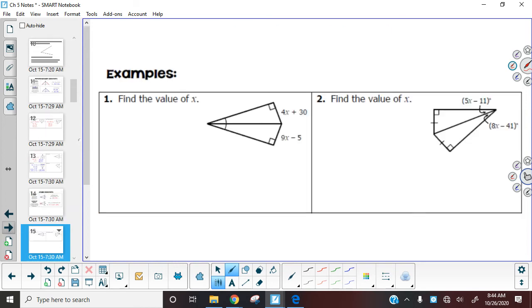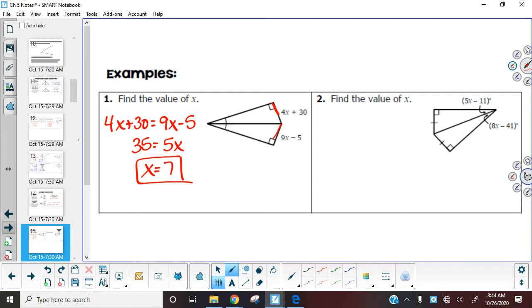So if we look at our examples, finding the value of x, again, we could just say that those two triangles are congruent. And once we have those two triangles are congruent, so are those pieces. So 4x plus 30 equals 9x minus 5. So when we subtract, we get 5x, we get 35, x equals 7. Again, I do the algebra fairly quickly because hopefully that's something that we are very familiar with at this point.